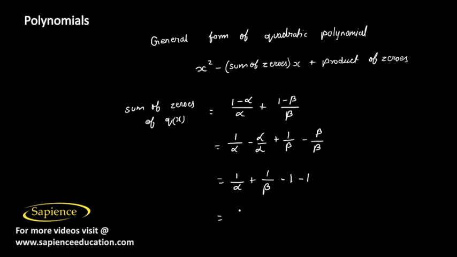Here we can cross multiply and we will get (beta + alpha)/(alpha beta), and minus 1 minus 1 will become minus 2.